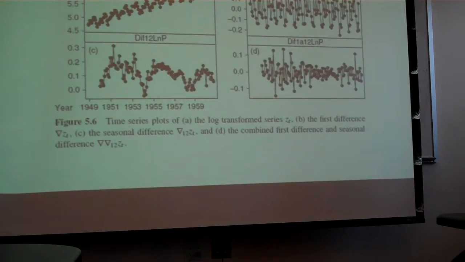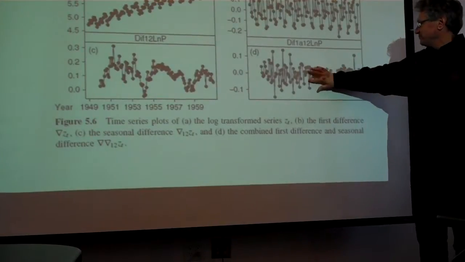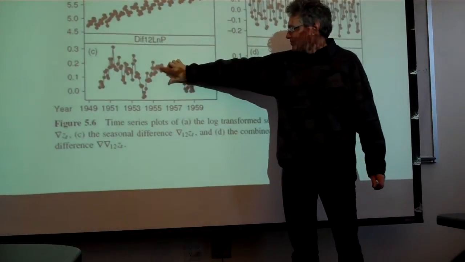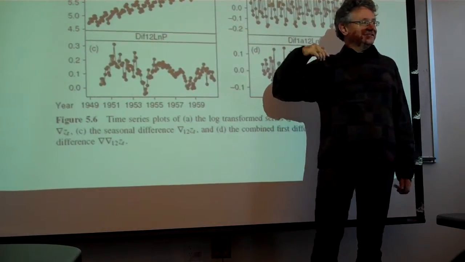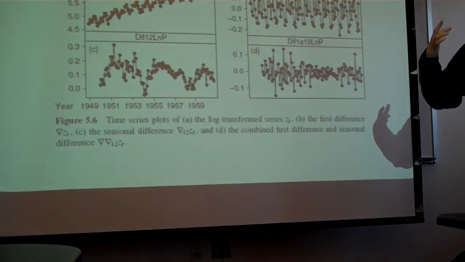Then what you're dealing with is that this lack of variation represents this period here where there are very small month-to-month fluctuations in the seasonally adjusted travel.